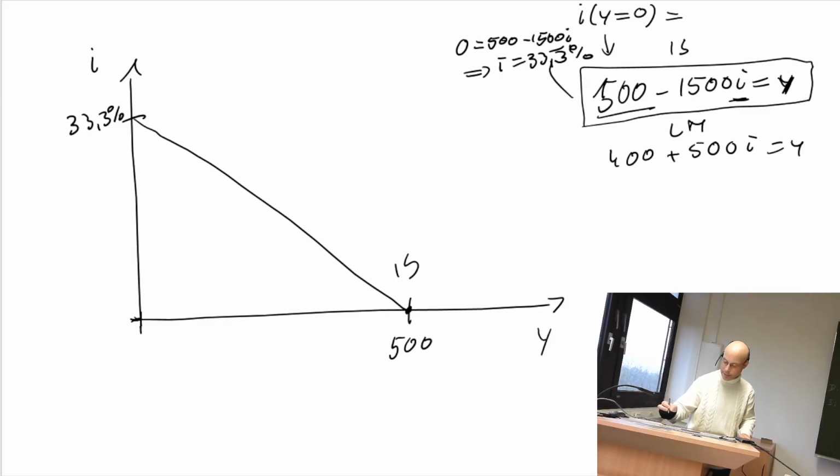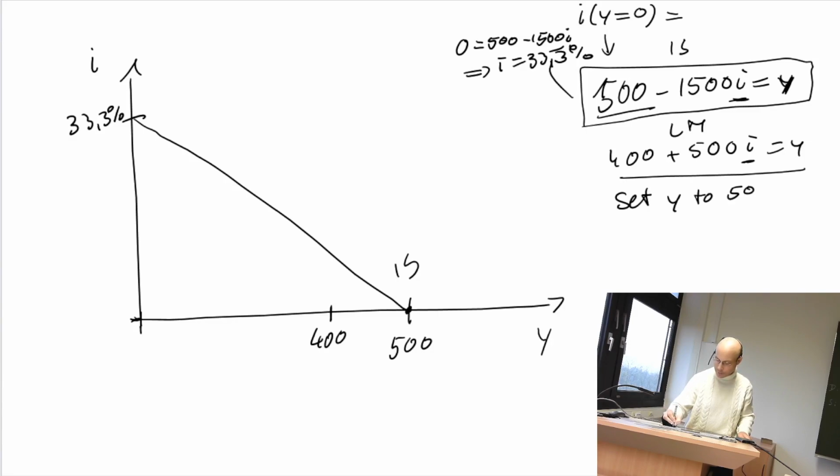How does our LM curve look like? Well, if again we set i to 0, then we would be somewhere here at 400. And for example, let's set y to 500, then we would be here at this point.